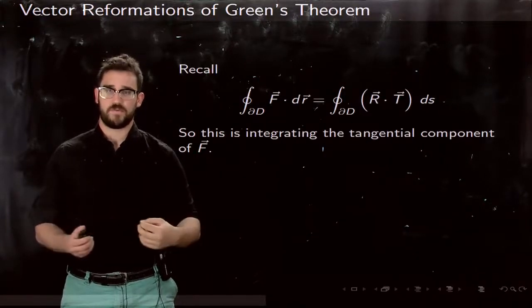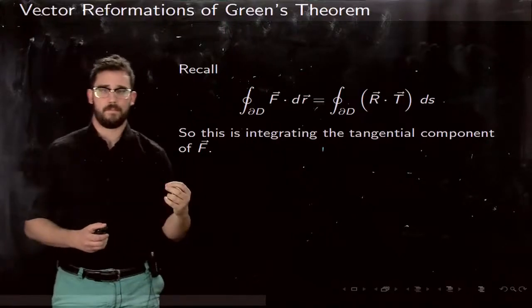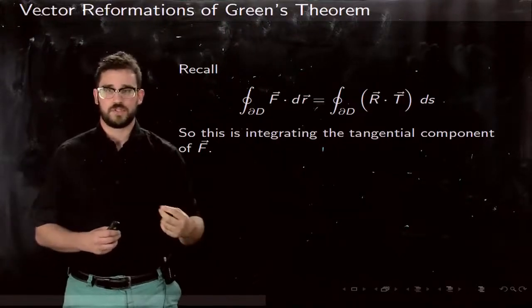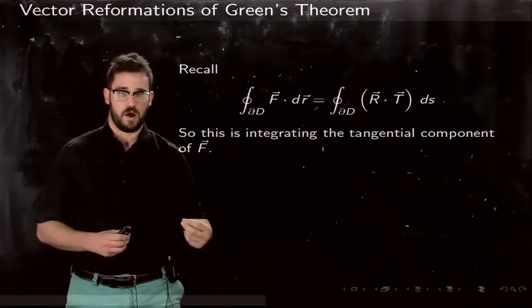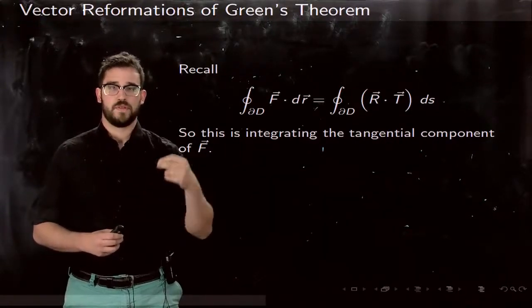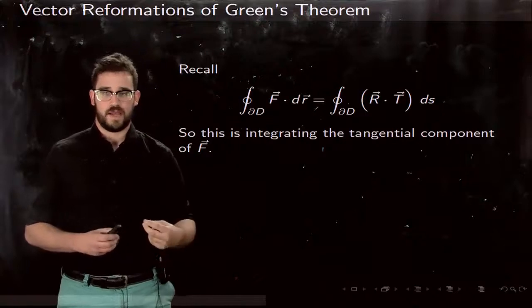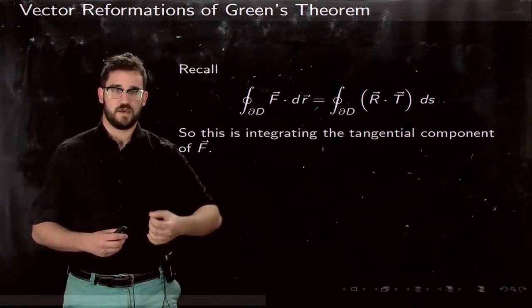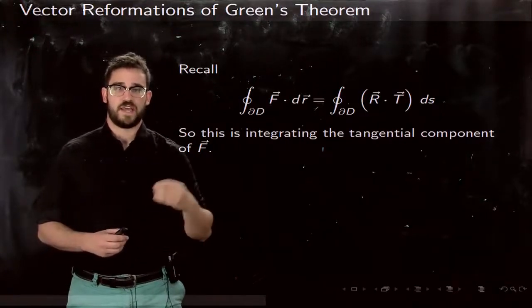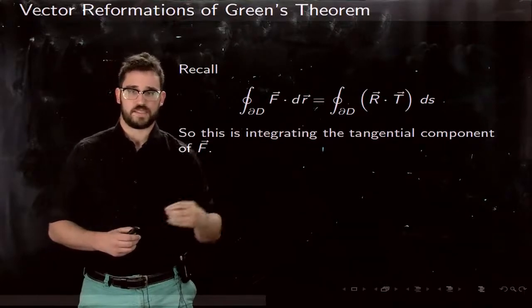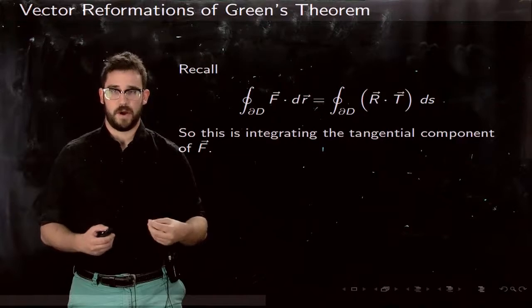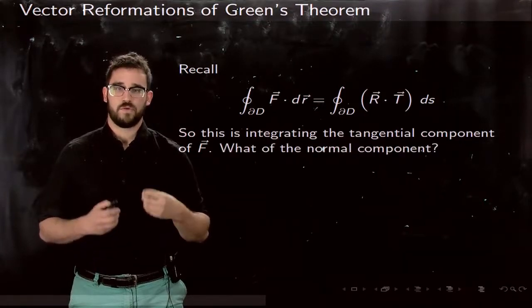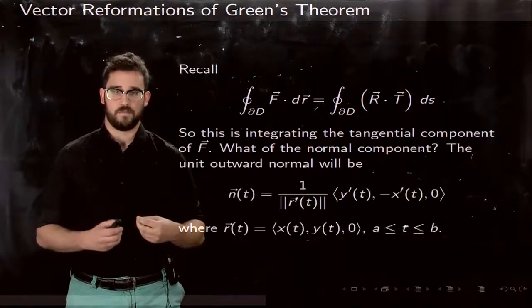So let's think of a different way. If you remember, the closed line integral over the boundary of D of F dot dr is equal to the closed line integral over the boundary of D of F dot T, the tangential component, ds. So again, this is integrating the tangential component of F. Now let's recall what the normal component is.